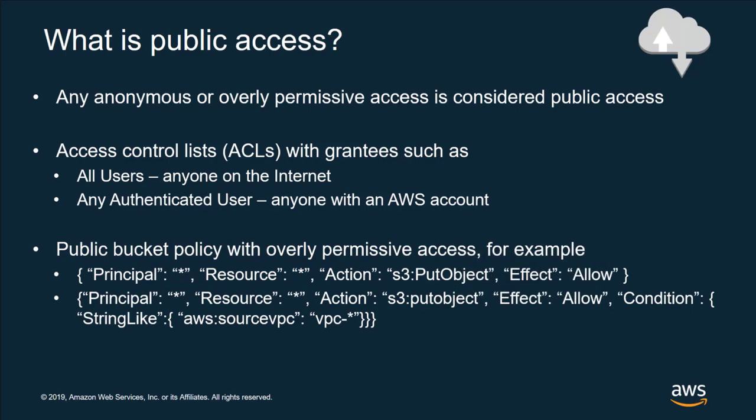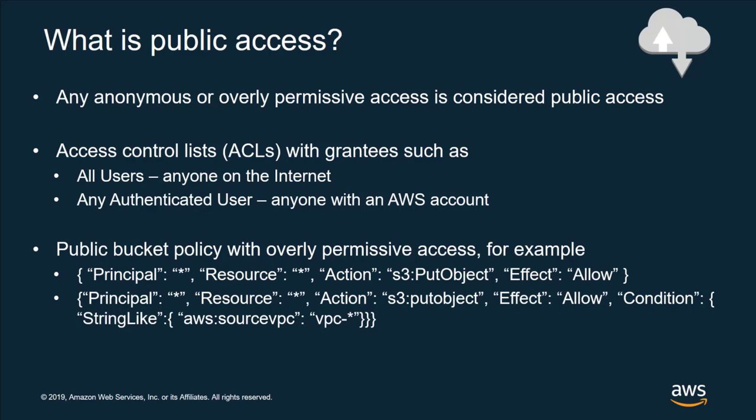The second way we consider a bucket to be public is by the bucket policy, when a bucket policy is overly permissive. I have some examples here written on the slide. For example, a principal star has access to resource star with a specific action, so pretty much anyone can perform any action on any S3 resource.